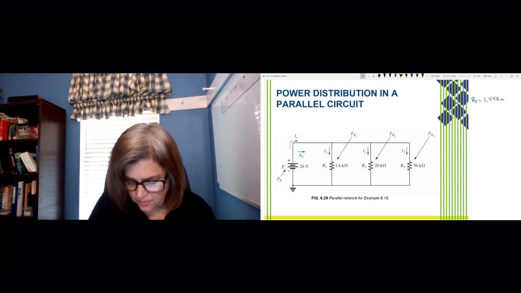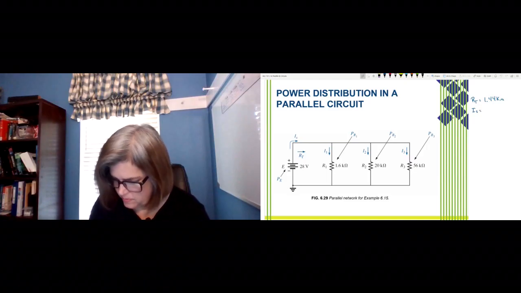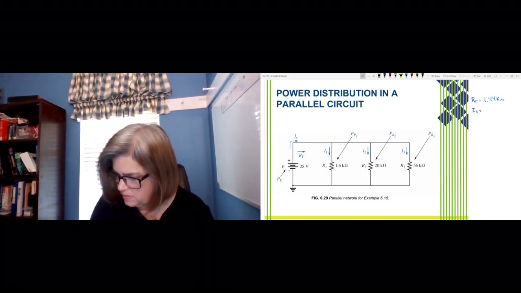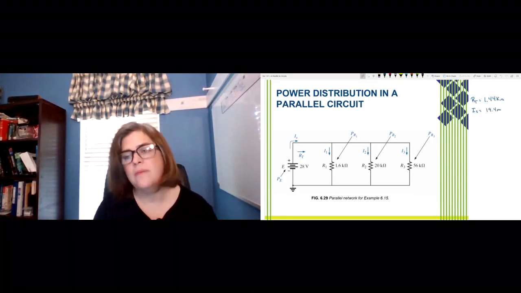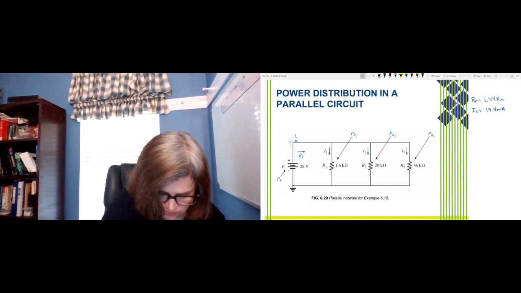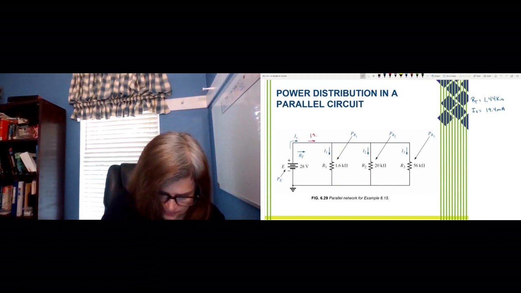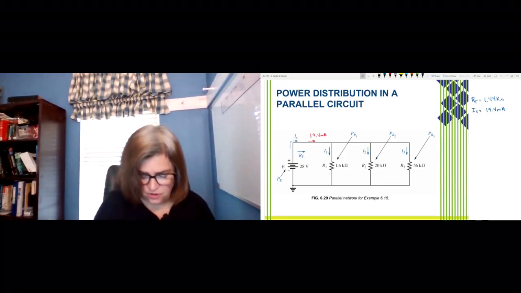And then that will give us our source current, which should be about 19.4 milliamperes. And I'm going to go ahead and draw this into the circuit as well. Always helpful to have at least your currents and your voltages noted in the circuit.